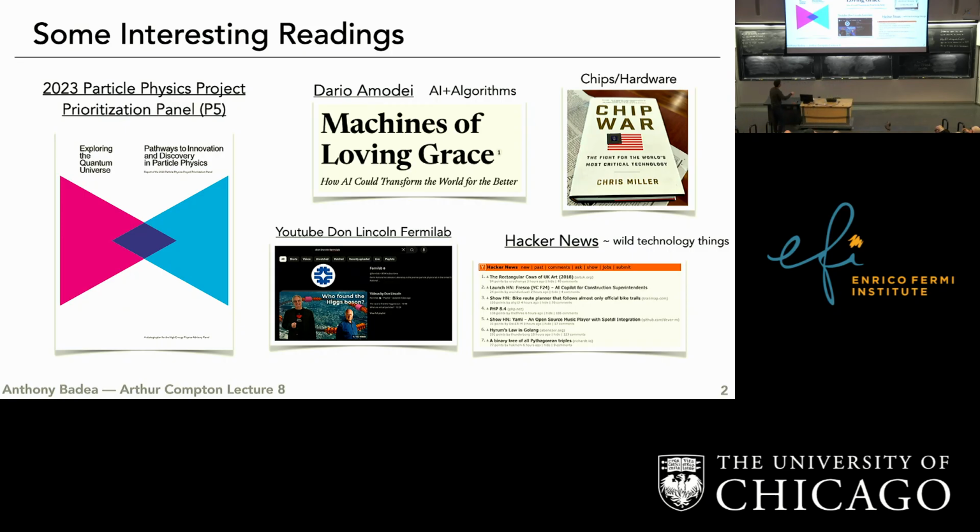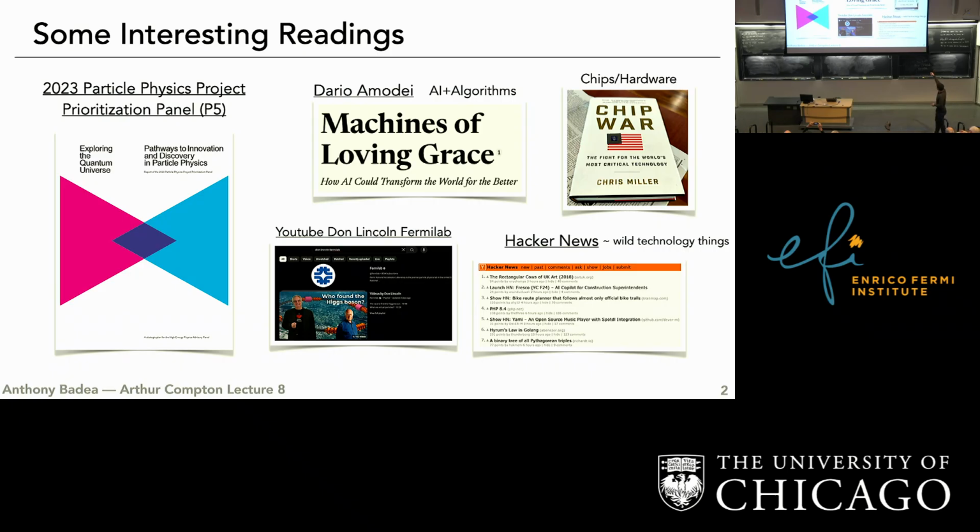On the machine learning and hardware side, this is an article that I'm reading right now by someone named Dario Amodei, who's the CEO of a company called Anthropic. He was one of the first people doing these large models and understanding their dynamics.